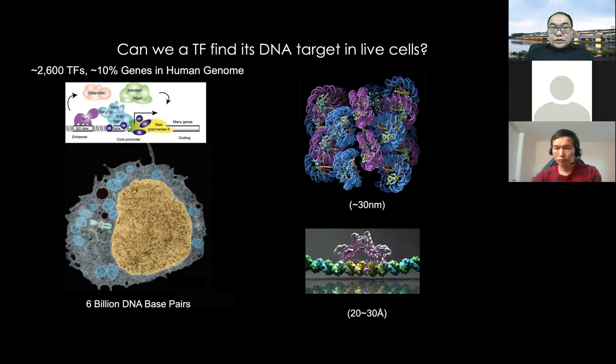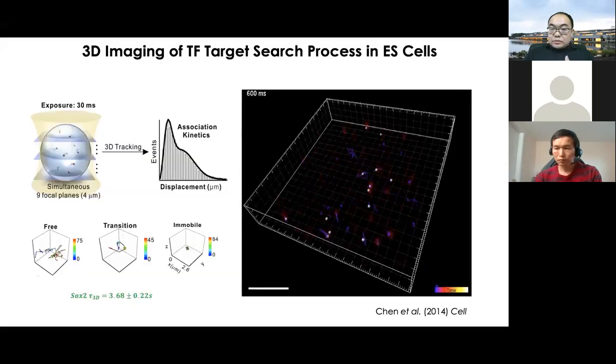So our question is how efficient this seeking-a-needle-in-a-haystack process is. We collaborated with pioneering imaging tool builders on campus, and we developed single molecule imaging based strategies that allow us to study transcription factor protein binding and also transcription factor diffusion dynamics in single live cells.